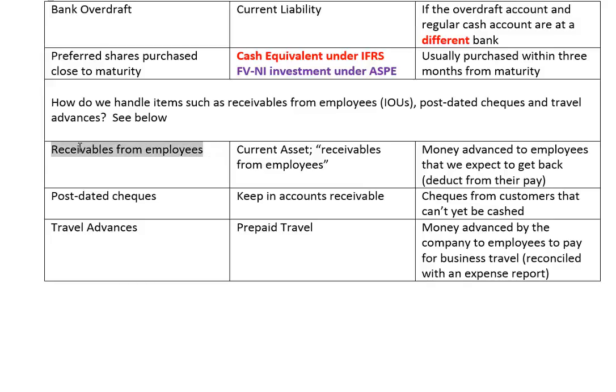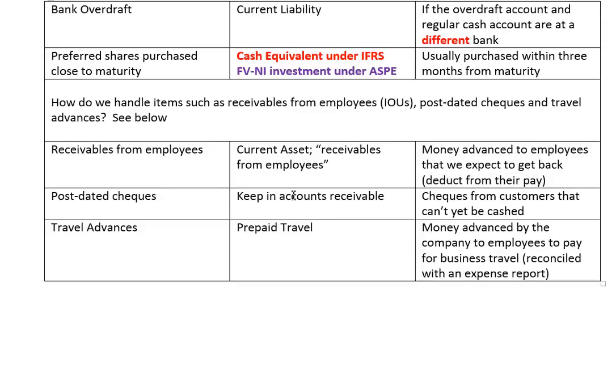If we loan our employees money, then we would set up an account known as, for example, receivables from employees. Sometimes you might see that lumped in with other receivables, but the idea is we've advanced money to our employees and we expect to get it back from them. In fact, we're going to deduct it from their pay by a certain date. But employees owe us money, so it's a receivable.